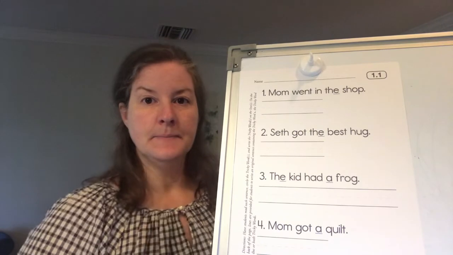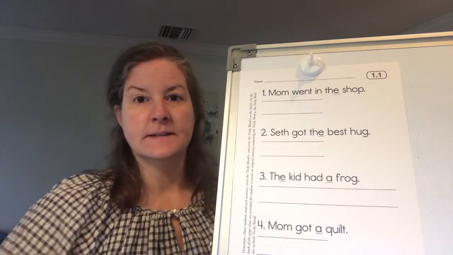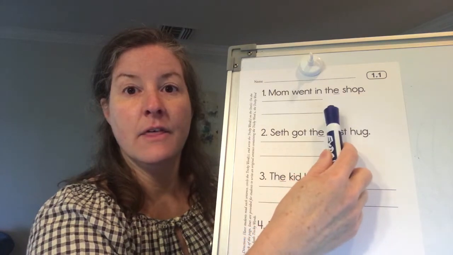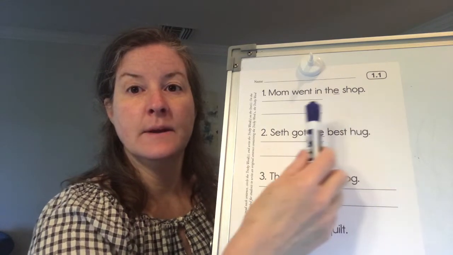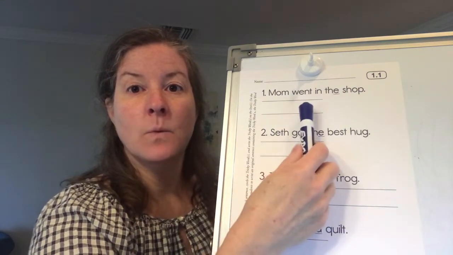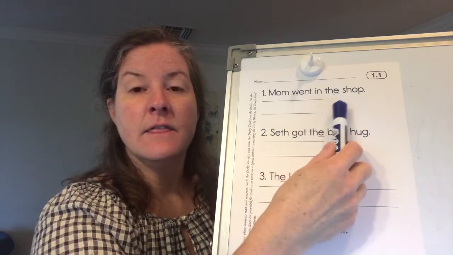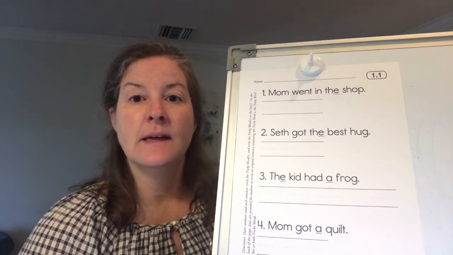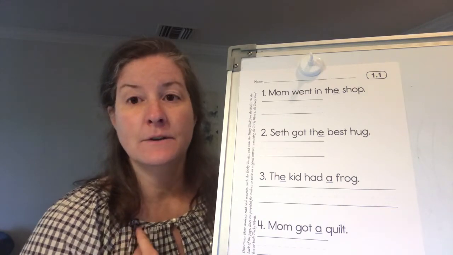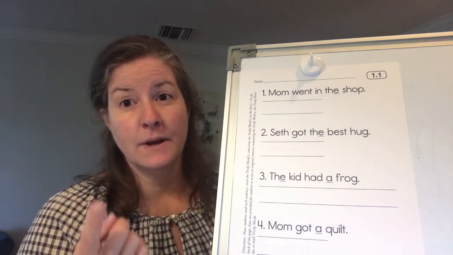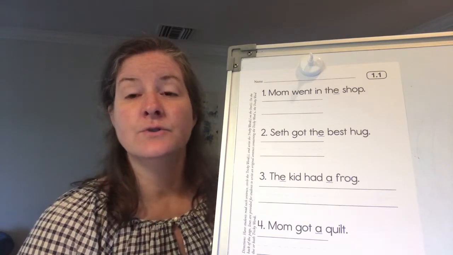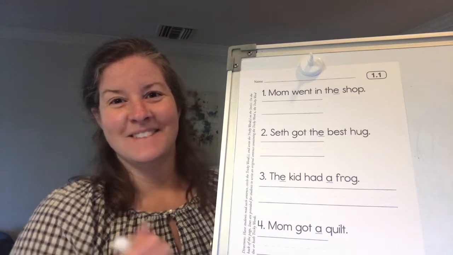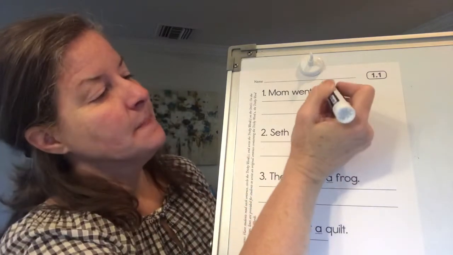Okay, let's read our sentence. It says, Mom went in the shop. Read it with me. Mom went in the shop. Okay, so what we're going to do is I would like for you to circle, or I'm going to do it for you, but when you're doing your paper on Nearpod, I want you to circle the tricky words, the and a, okay, so I'm going to circle it.